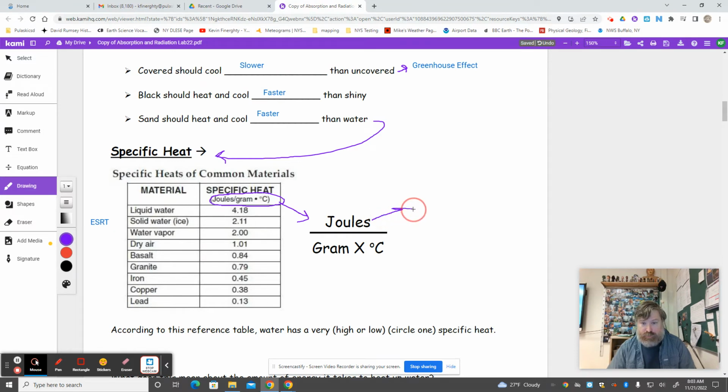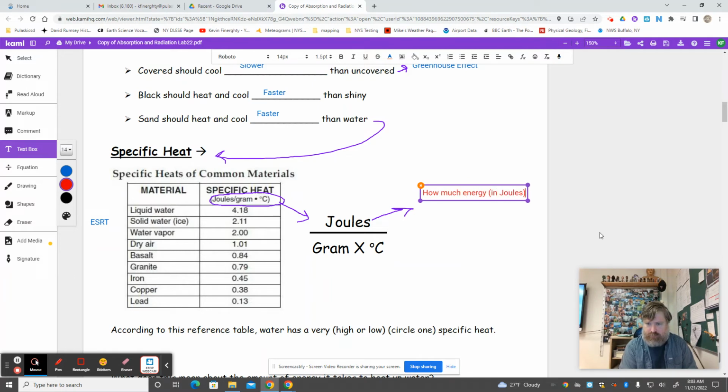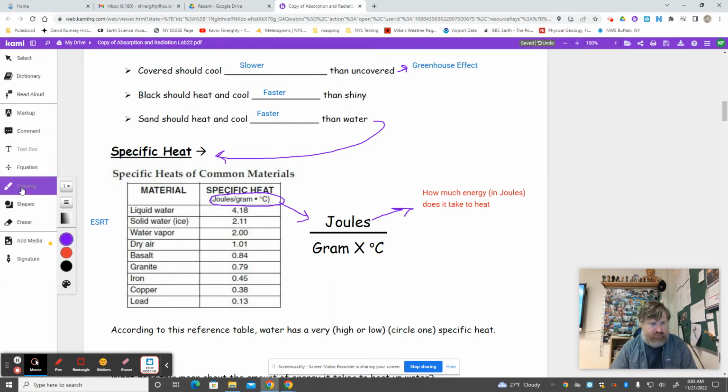It says how many joules, which is a term, it's a unit of energy. And again, one maybe you haven't heard of, but how many joules? So how much energy does it take to heat a gram of something? That's why there's a gram right here.